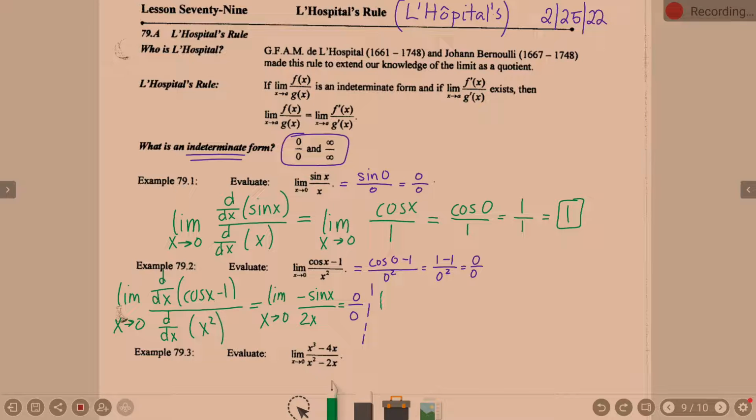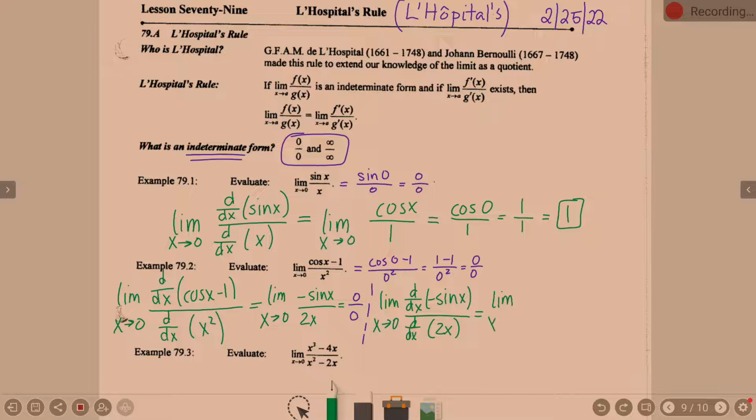Okay, so now it's the limit as x approaches 0 of the derivative of negative sine of x over the derivative of 2x. And we hope things work out better this time, right?